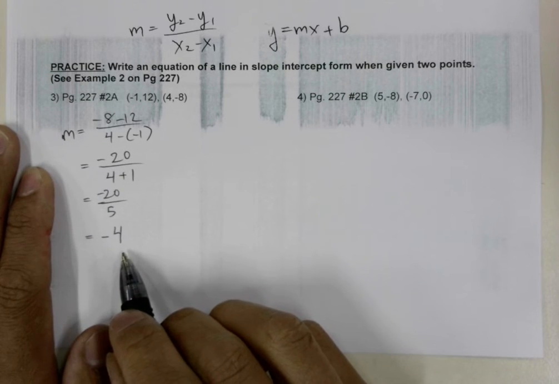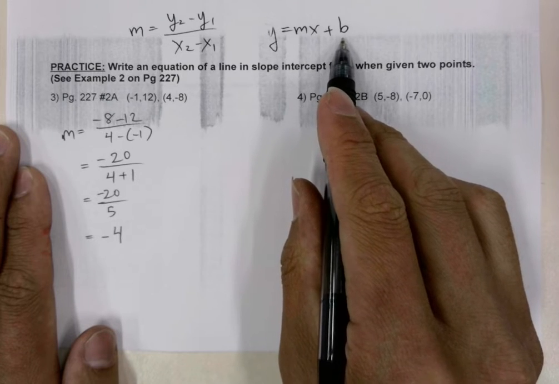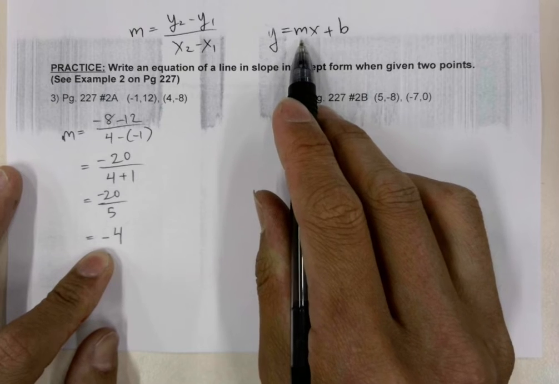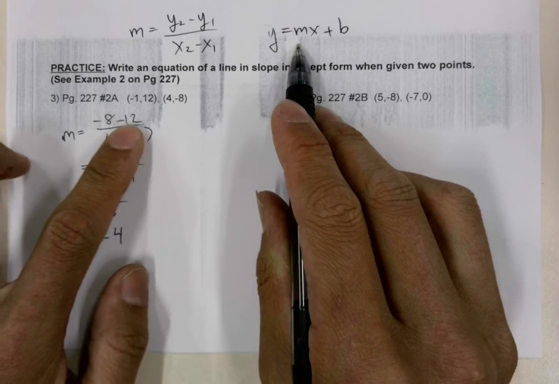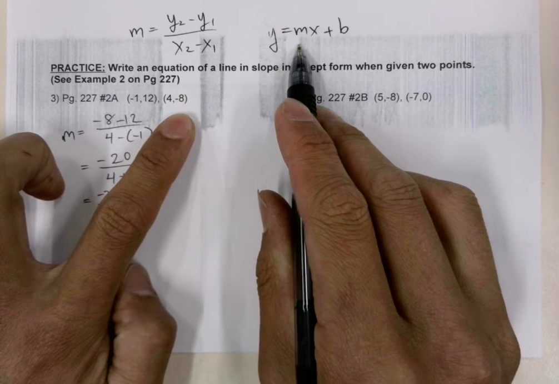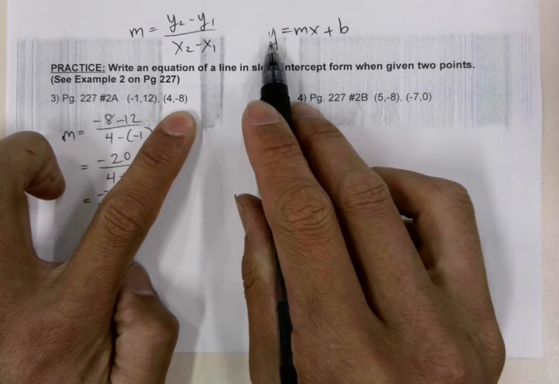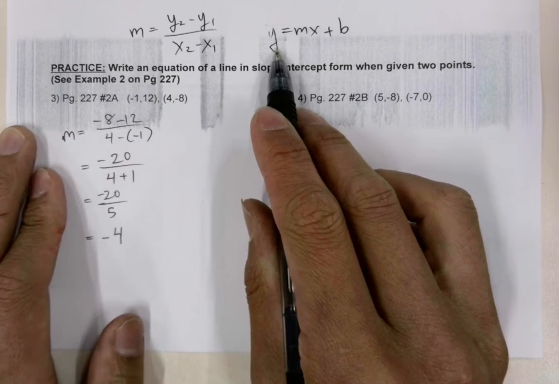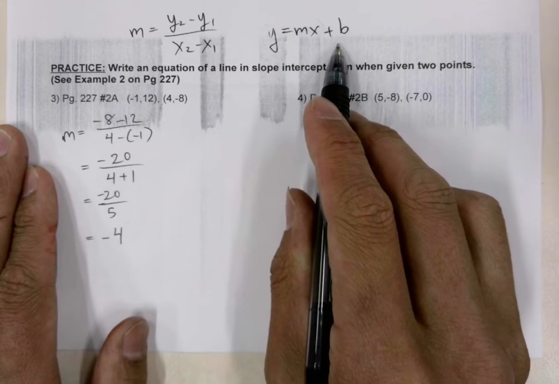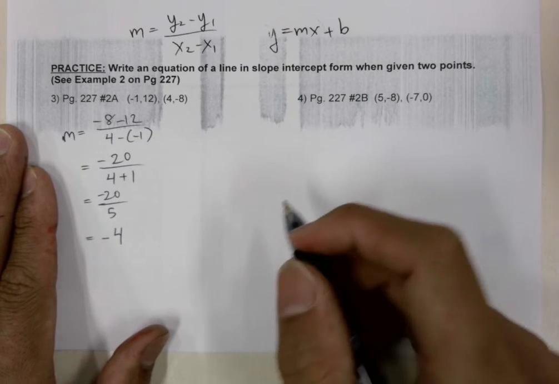Now that we have our slope, we can use it to find our y-intercept. So we will plug in -4 for our slope, m, and we can choose either one of these points. Let's choose the second point. We'll use x = 4 and y = -8. By plugging those three values into the equation, we can solve for b, the y-intercept.